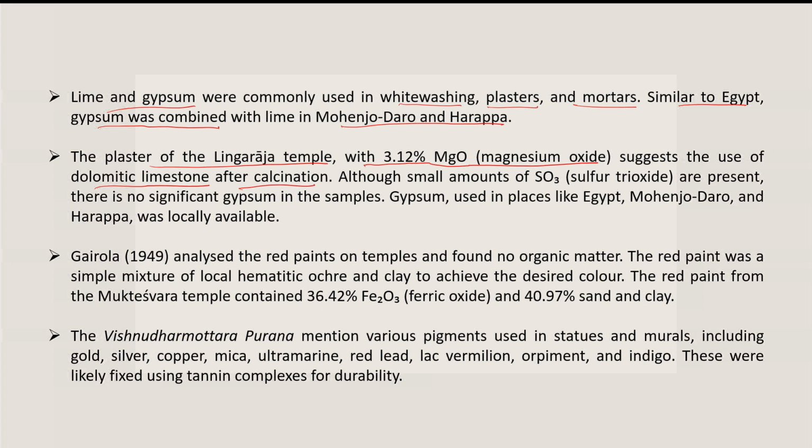Although small amounts of sulfur trioxide are also present, there is no significant gypsum in the sample. Gypsum used in places like Egypt, Mohenjo-daro and Harappa was locally available.